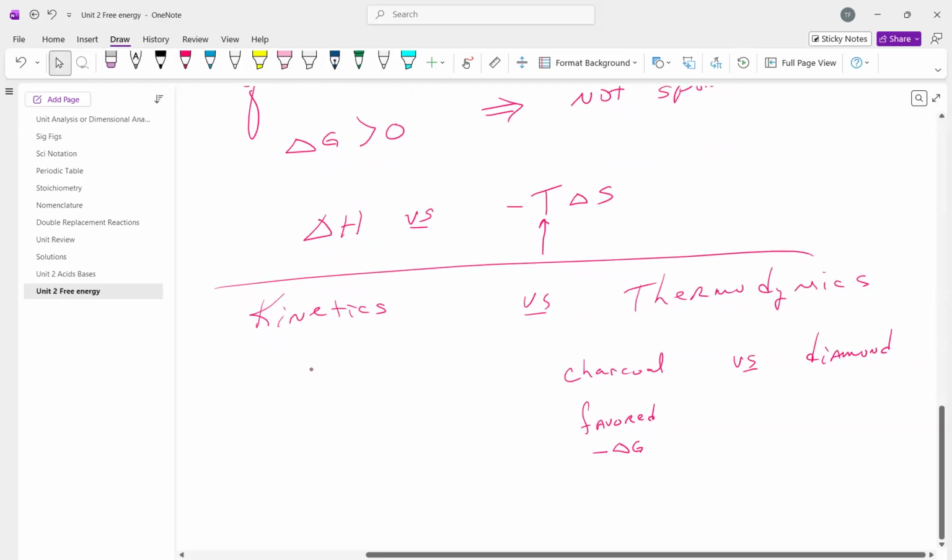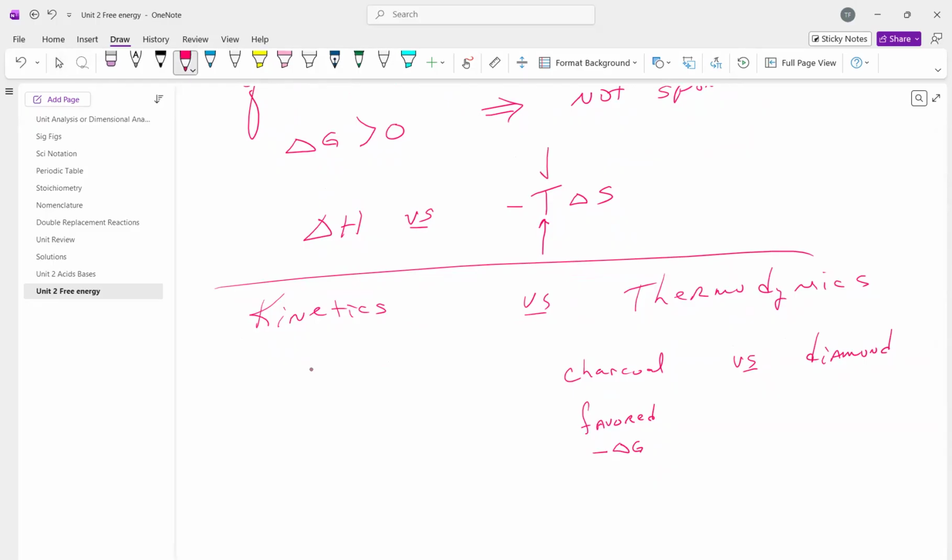Now, there's a couple things you can do thermodynamically to change that. The easiest one is temperature. If you jack the temperature up to 1,000,000 degrees or so, the reactions become more negative.